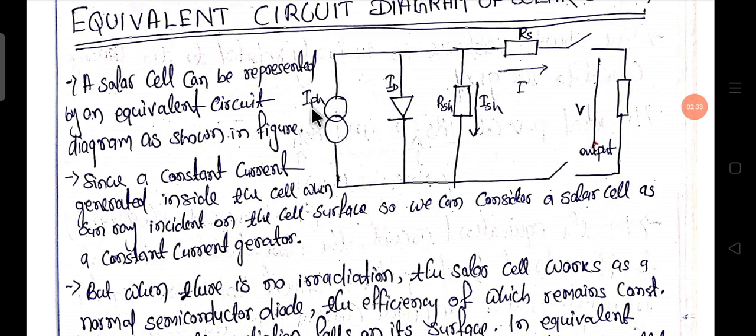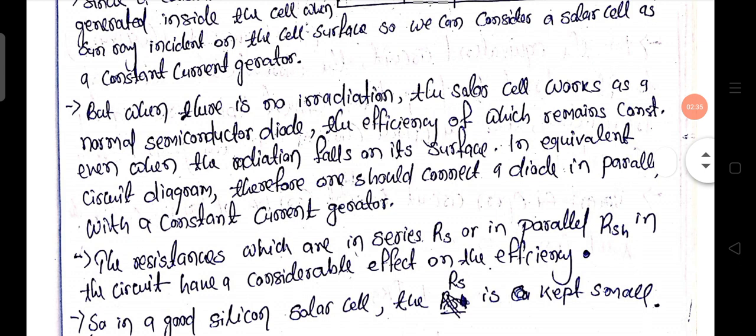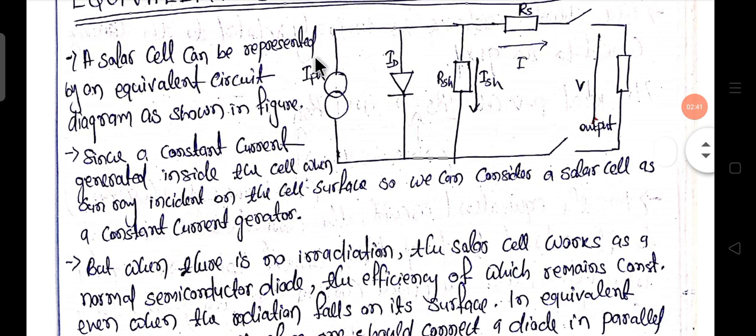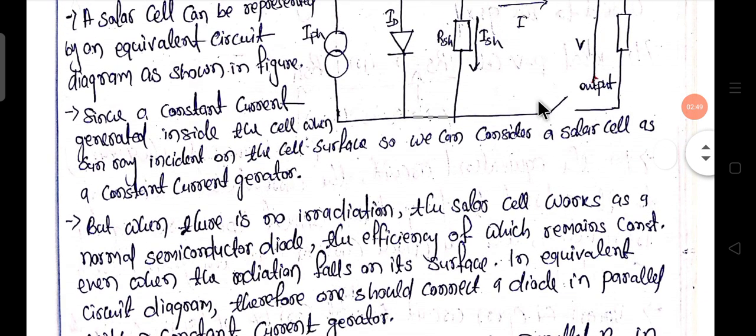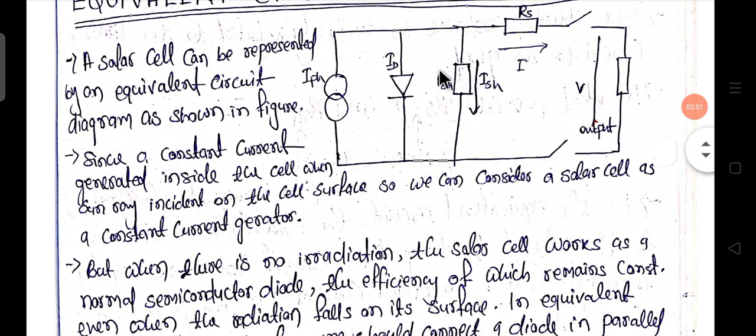So we can connect a PN junction diode in parallel with our solar cell or constant current generator. Then the resistance in series is RS, and the resistance in parallel is RSH. This is RS, this is RSH.